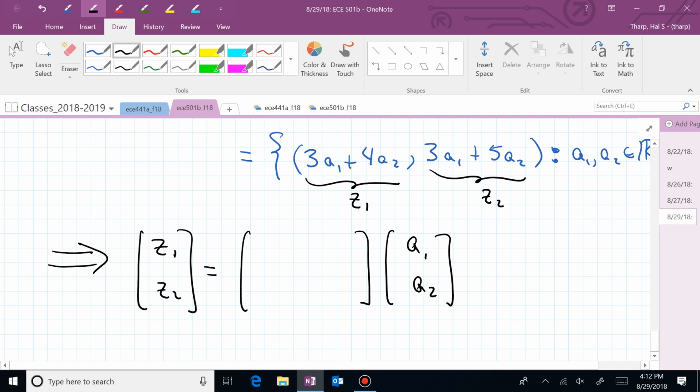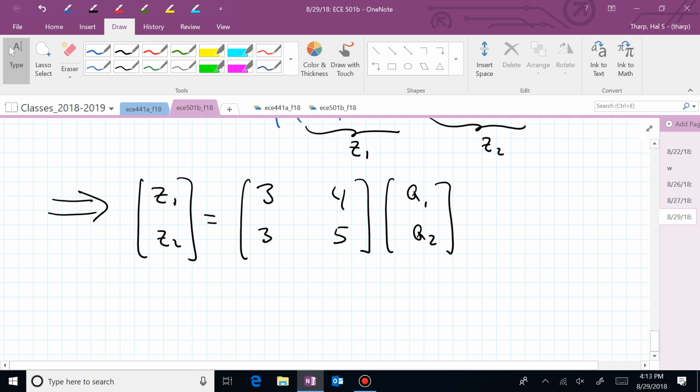I can populate this 2 by 2 matrix with the coefficients. z1 is 3a1 plus 4a sub 2, and z sub 2 is 3a1 plus 5a sub 2.